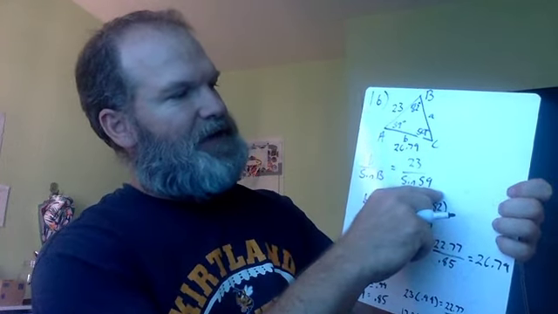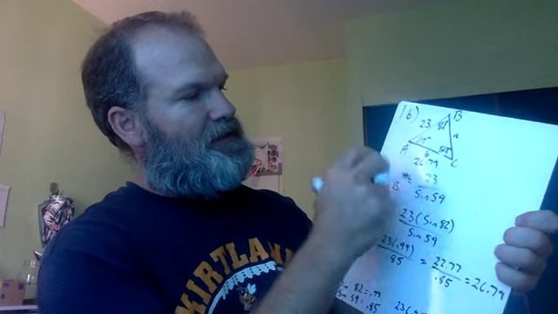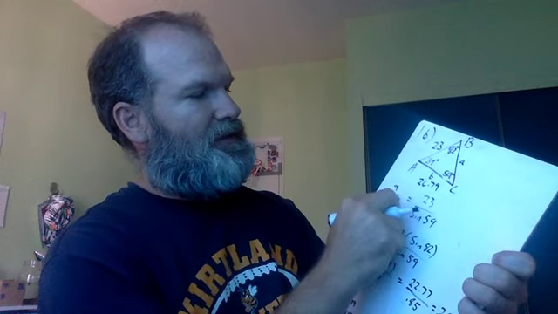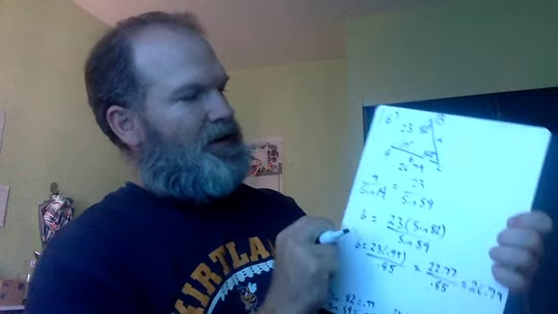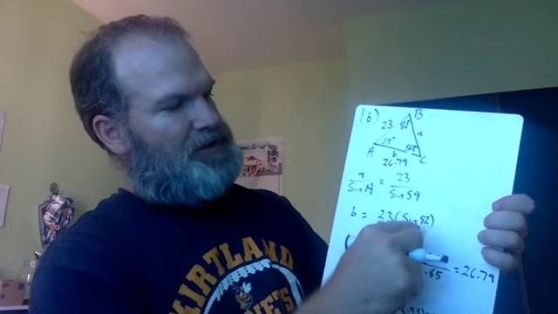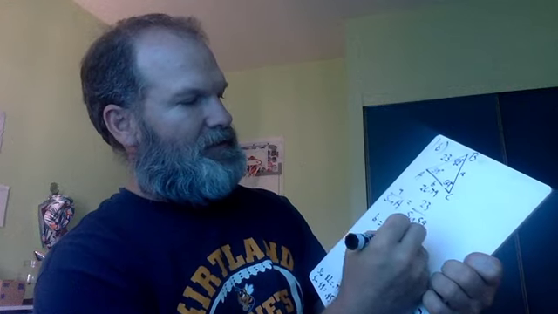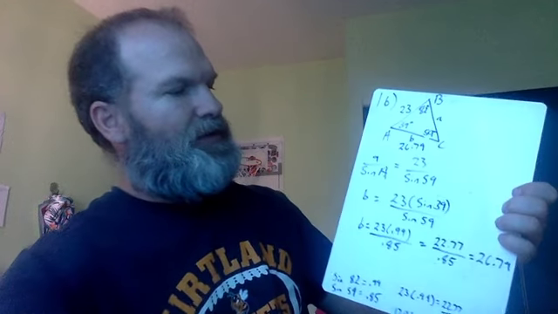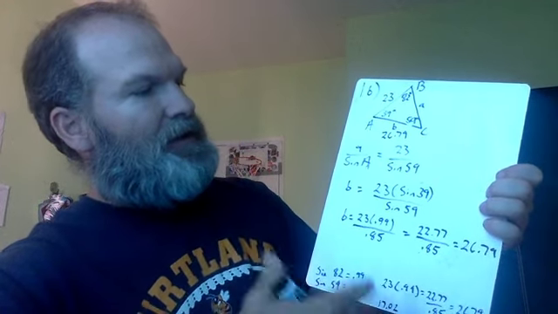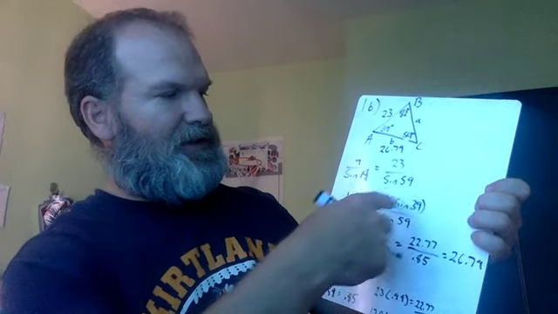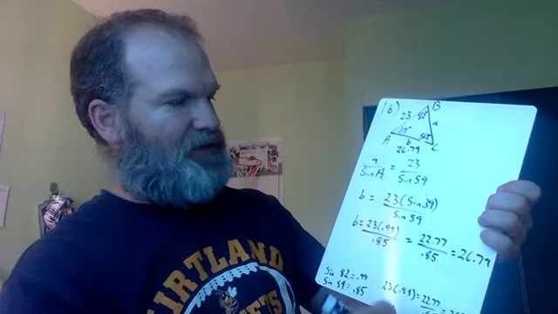So I'm going to have 23 over sine of 59, and then this will be A, and this will be A, and sine of A is going to get multiplied to the other side, but A was 39. So it's 23 times sine of 39 divided by sine of 59, and when you plug in sine of 39, multiply it by 23 and then divide by 0.85, you get 17.02.